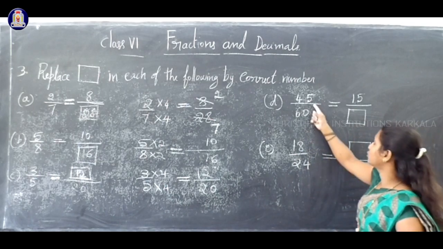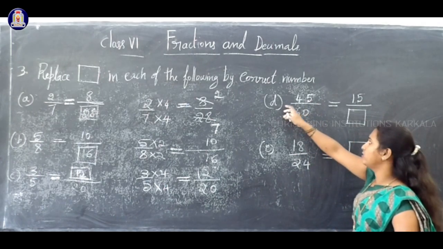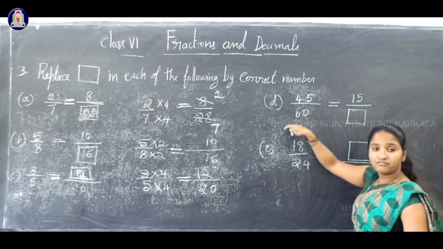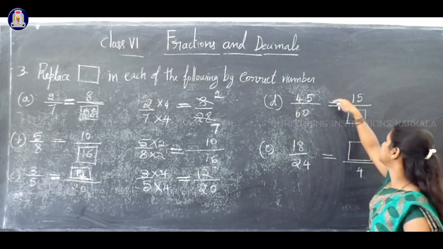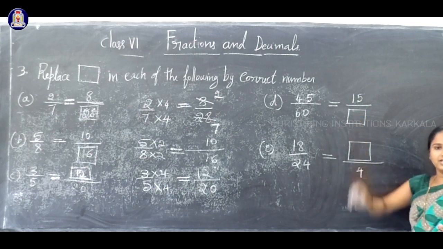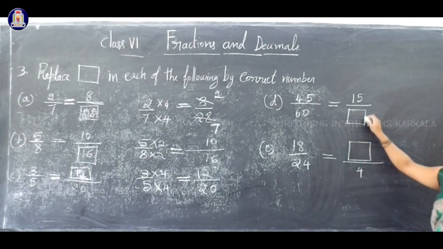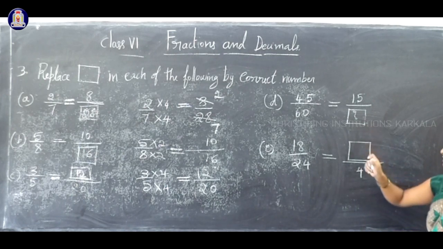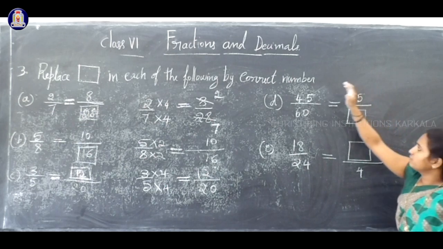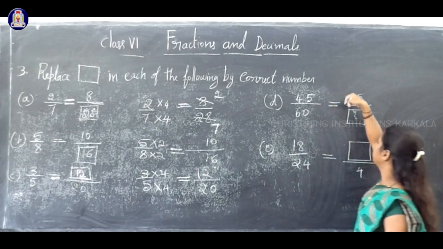Now if you see the fourth question, the left hand side fraction is 45 by 60 and on the right hand side it is given 15, and the denominator is not given. So we have to find out the denominator. What value can we see in the denominator? Now see 45 by 60 and right hand side 15 by dash.